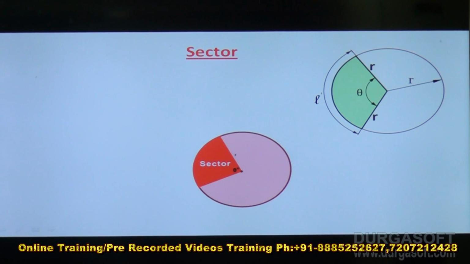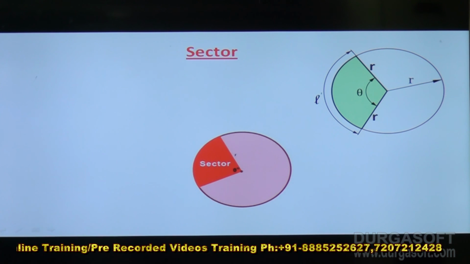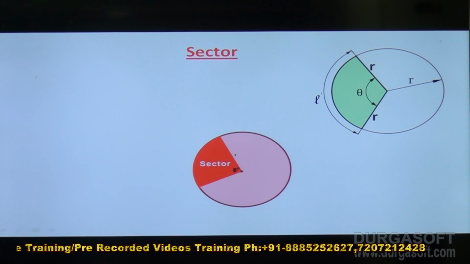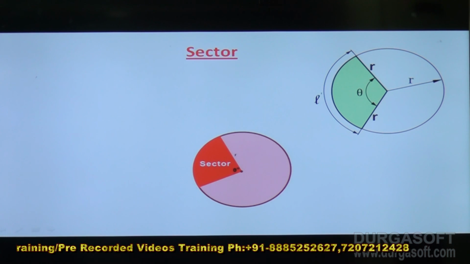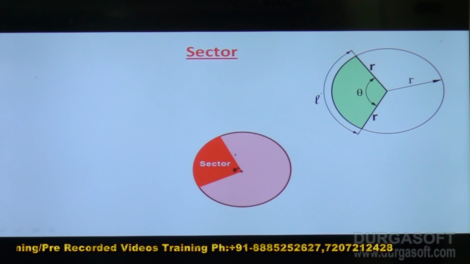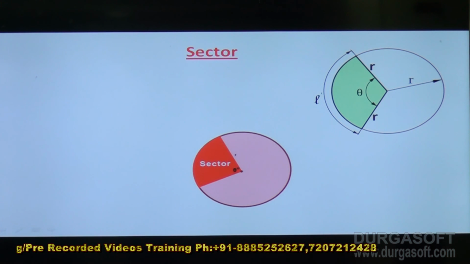Let's go for the sector. If we see here, this is the actual figure of a sector. If you can see the pink and red colored figure, whatever is in red color, we treat that as the sector, right? And for this sector we have an angle theta degrees and the radius r, right?